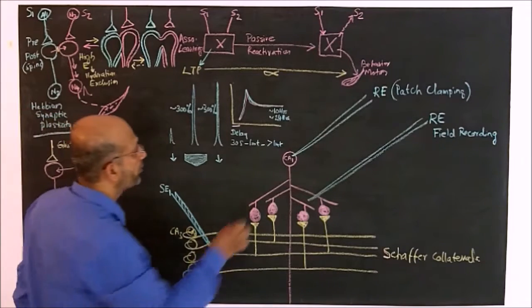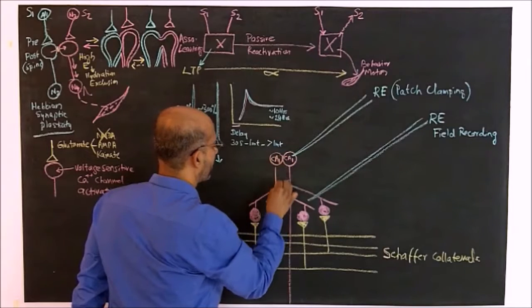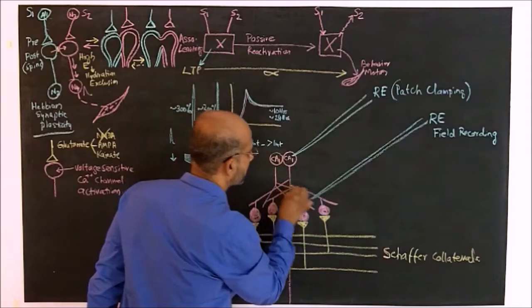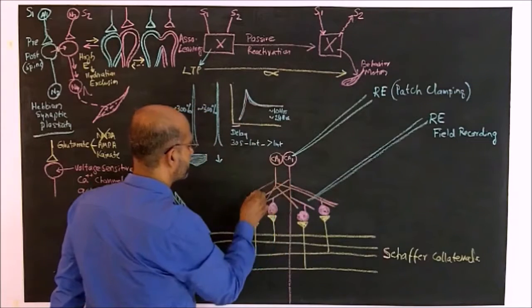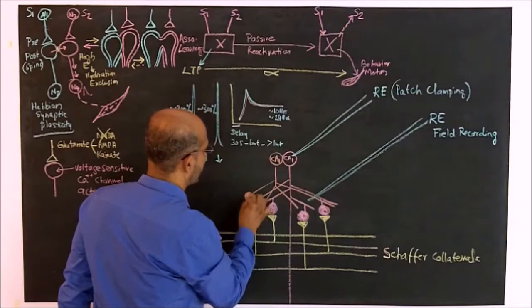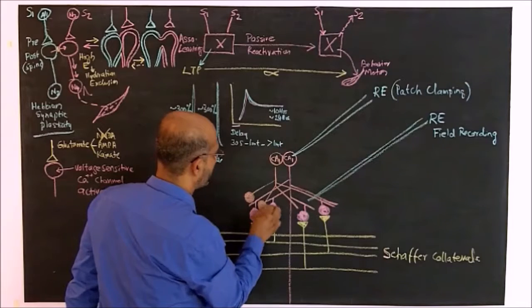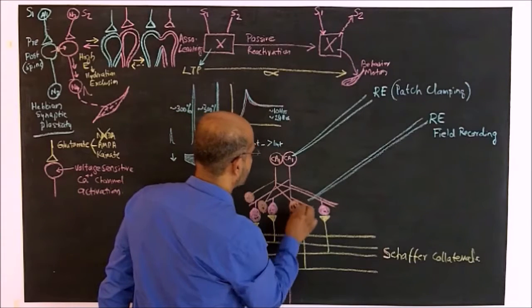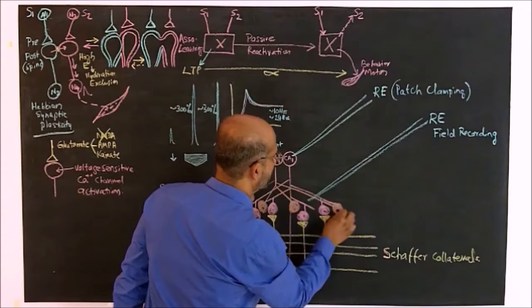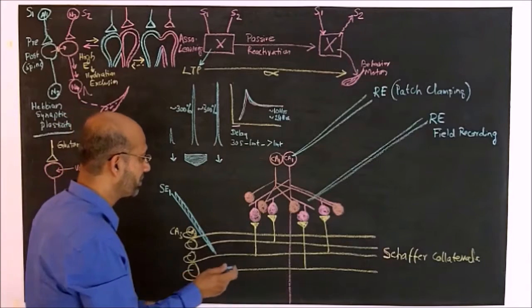So let us draw a few CA1 neurons and draw their dendritic tree and mark their dendritic spines, and let us see whether we can bring an explanation for formation of interpostsynaptic functional links as responsible for both learning associated change as well as the LTP.